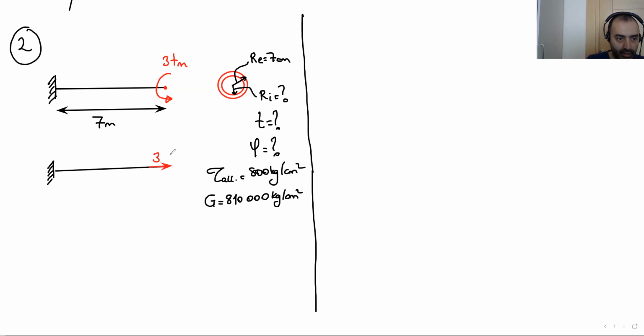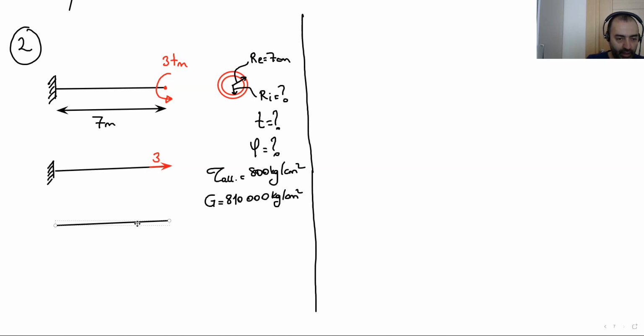Which is 3. So if we draw the axial force diagram, what will we see? If this is the axial force, cut the system somewhere else here.